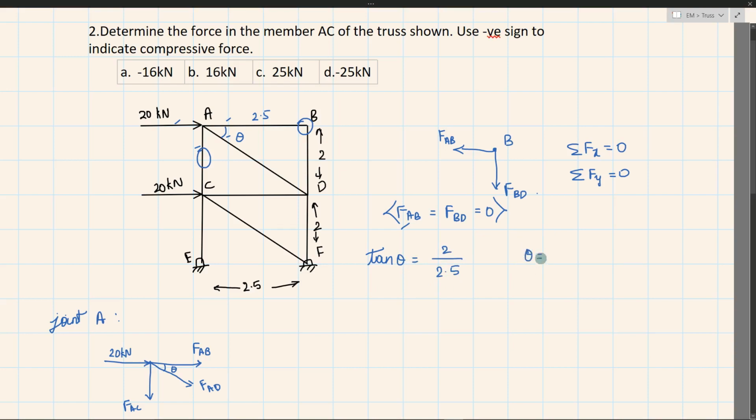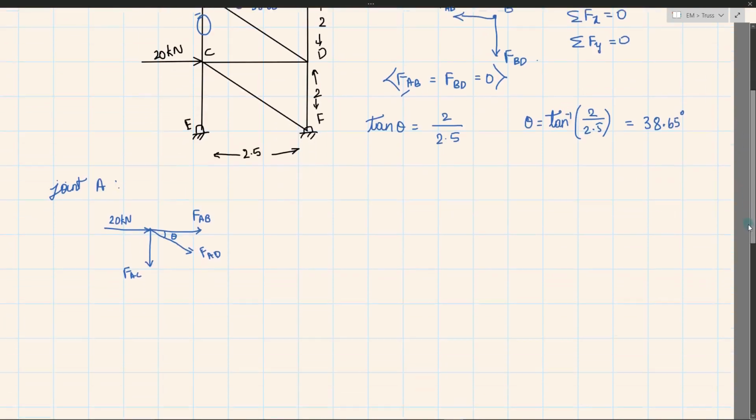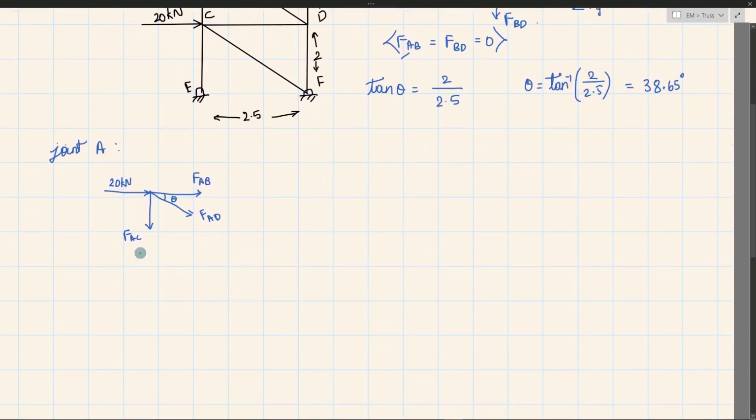Theta is equal to tan inverse of 2 divided by 2.5, that is equal to 38.65 degree. Okay, so now in this, let's apply the condition for static equilibrium, that is sigma Fx is equal to 0.